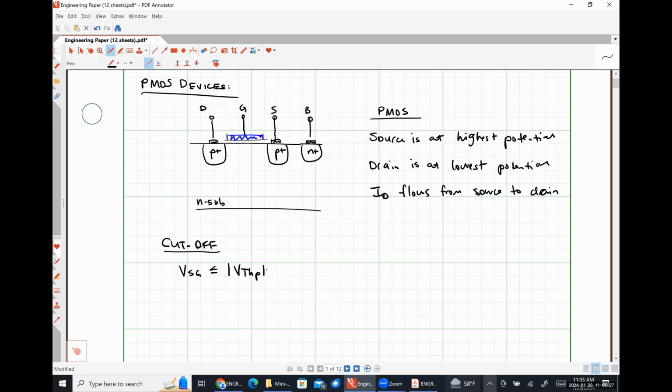Now, I think I've mentioned this a couple of times, but for whatever reason, the threshold voltage of a PMOS device is always given as a negative number. If you throw the negative sign away, you don't have to worry about the absolute values.